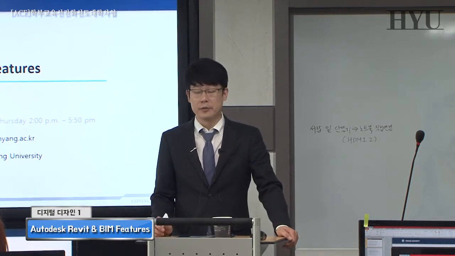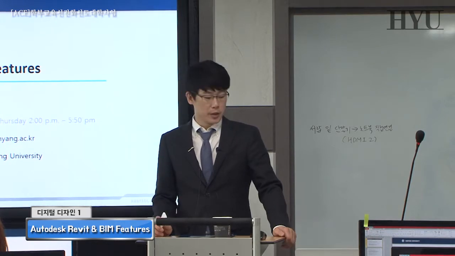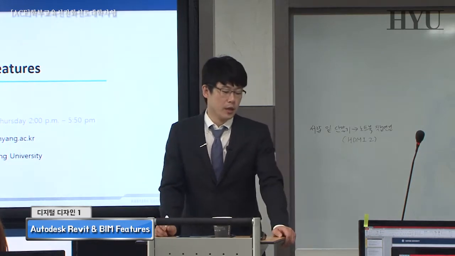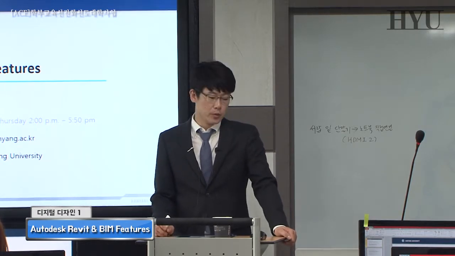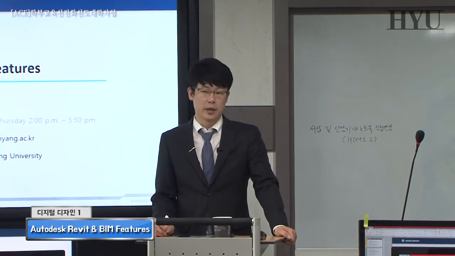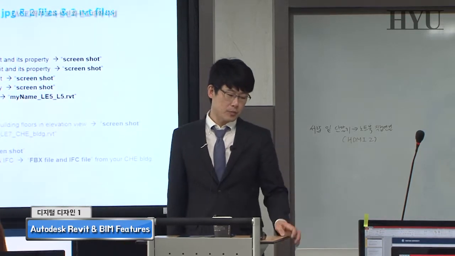So we're going to quickly review some theoretical background issues as well as some new features, focusing on two major things: solid modeling and parametric modeling in terms of CAD history.